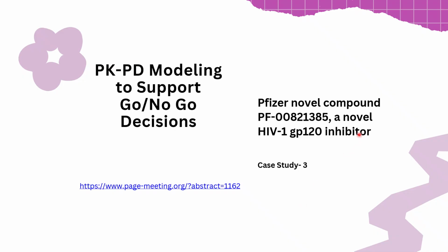So now coming to the third case study, this study explores the role of PKPD modeling in making critical go/no-go decisions, focusing on Pfizer's novel compound PF-00821385, that is a glycoprotein gp120 inhibitor, a crucial outer protein on the surface of HIV viruses.